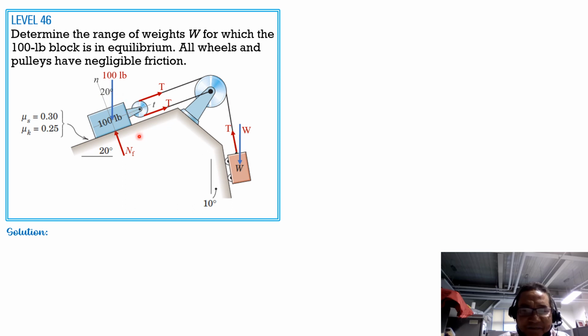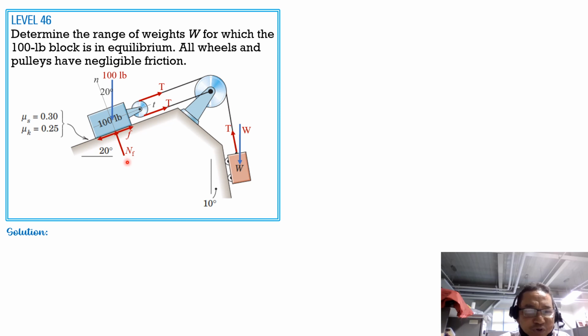Then the friction, which is either way, because we have to find the range of values of W. For minimum W, the impending motion of the 100 pound should be in this direction. And friction is equal to maximum frictional resistance, equal to coefficient of static friction 0.3 times the normal reaction.